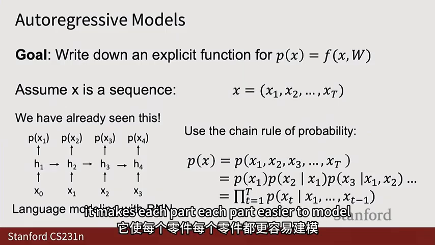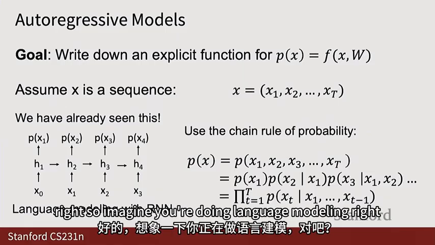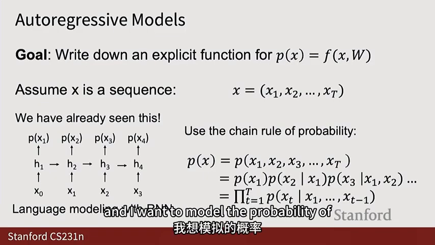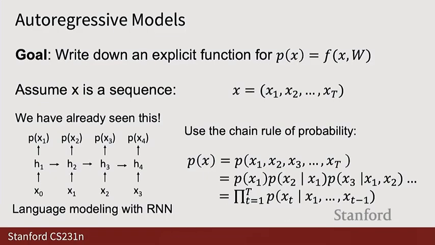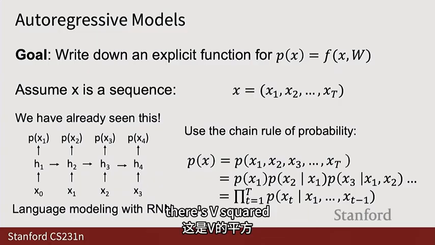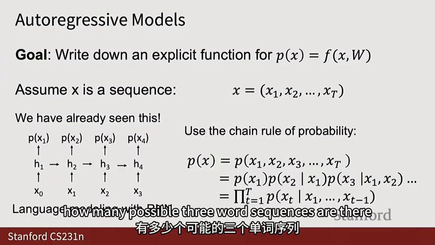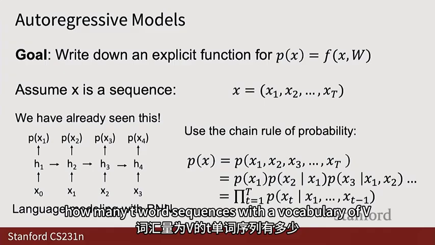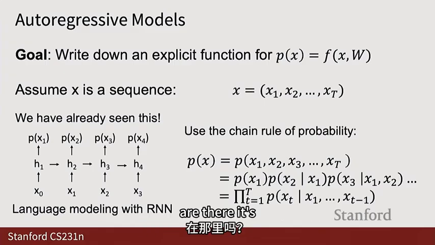As for the motivation for breaking things up into a sequence in autoregressive models, it's because it factors the problem and makes each part easier to model. Imagine you're doing language modeling with a vocabulary of V words, and I want to model the probability of 2 words jointly. How many possible 2-word sequences are there? V squared. 3-word sequences? V cubed. In general, how many T-word sequences are there with a vocabulary of V? V to the T. That's bad.